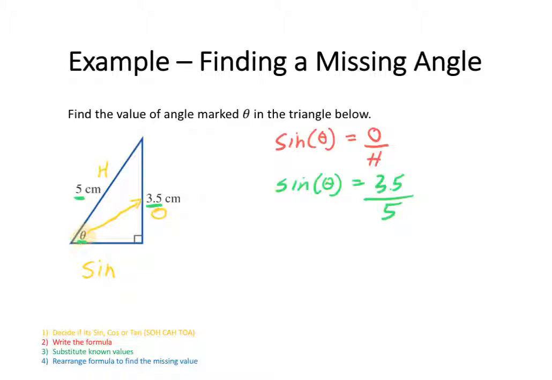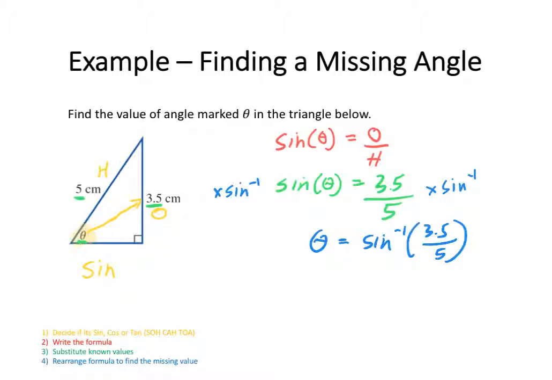Now, to find the value of theta, I need to rearrange the formula. To find the missing angle, I need to times both sides by the inverse of sine, which is written with a -1 as an index to sine. So theta is going to equal sine -1 of 3.5 over 5.